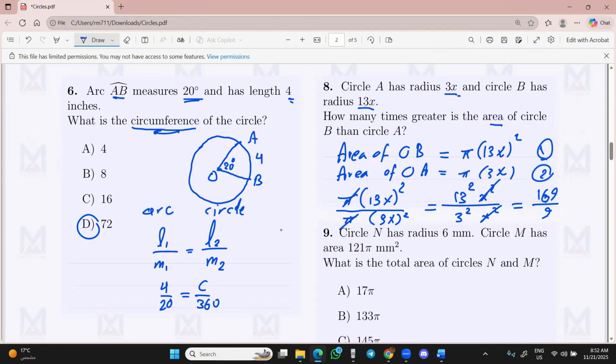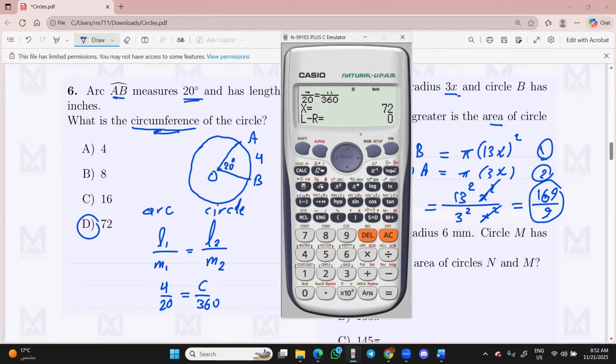So when the question says how many times greater the area of circle B is than circle A, it means you divide the area of B over the area of A. And now we get only 13 squared over 3 squared. That's the answer of the question. You can just keep it like this, because if you put it on the calculator, you get the same number, because 169 and 9 cannot have any common divisor.